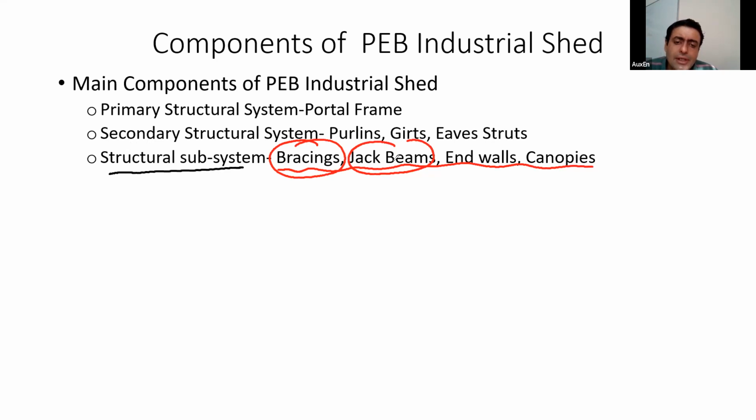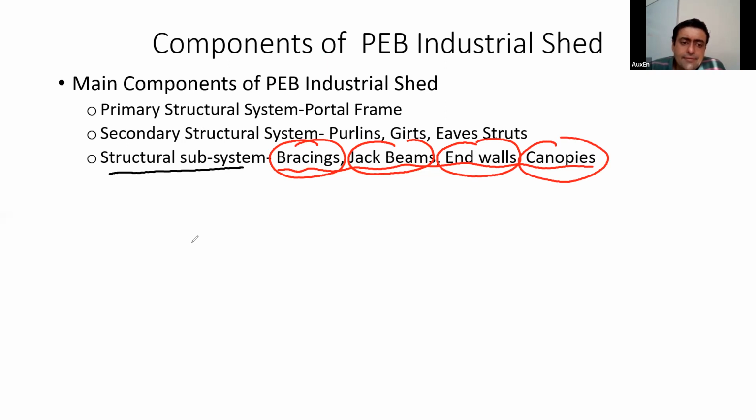End walls and canopies. These are some examples of structural subsystems that we might have to use. I will explain all of them, picture by picture, and things will become clear to you. So don't worry right now. We'll go into their details also.